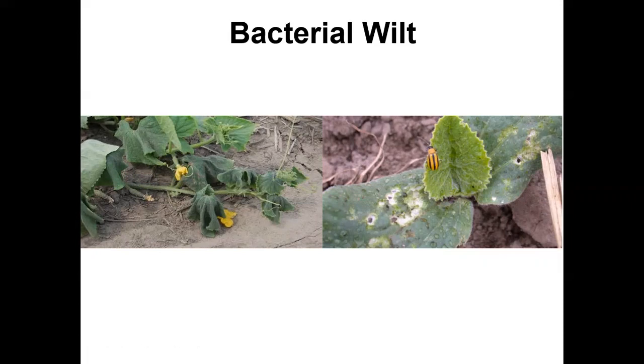So what we often see is that the primary wilt will start a little bit further back on the vine where the beetles were feeding, and then it will move backwards towards the crown.